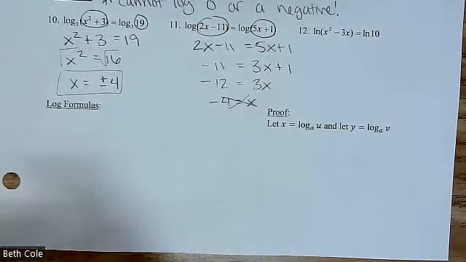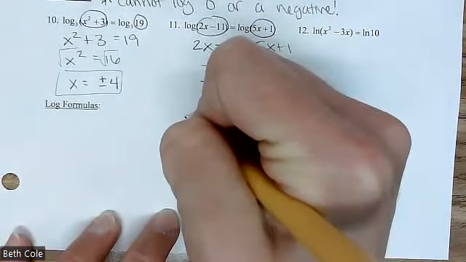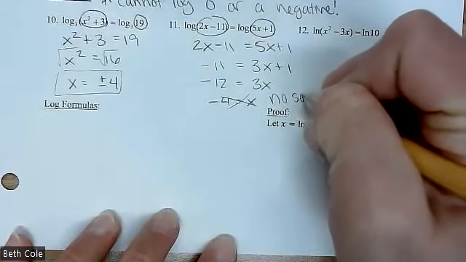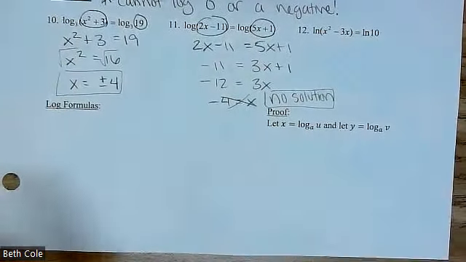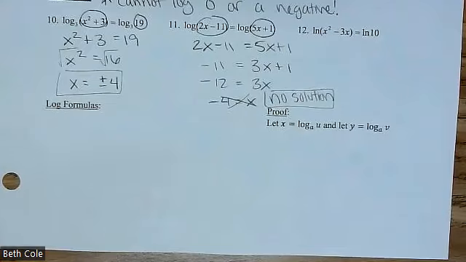And so what's your answer? No solution. If you put undefined, I would accept that. Give me a number. That won't work. Give me another number. That won't work either. No number on God's green earth is going to work. That's what a no solution is.